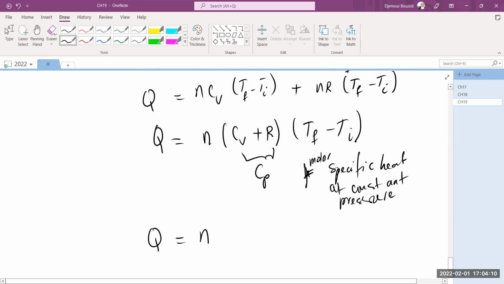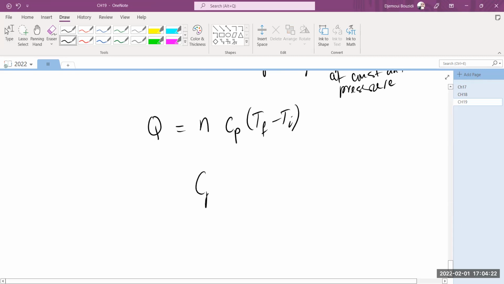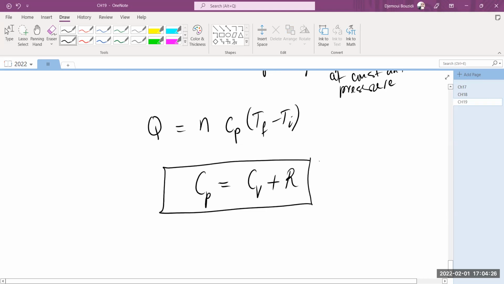The reason it's molar is because I have to multiply by N. C_P from this expression is clearly equal to C_V plus R. This is a very important expression too. So I have a relationship between the molar specific heat at constant pressure and the molar specific heat at constant volume, and that constant R, which is 8.314.